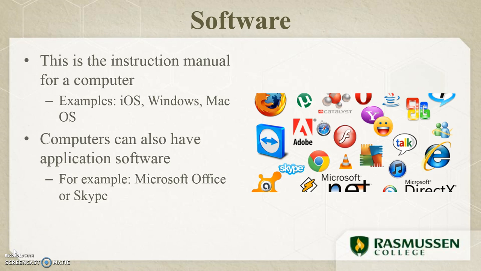Computers can also have what we call application software. And this application software is pretty much called general purpose. And the biggest one that people can think of is Microsoft Office or Skype. And Microsoft Office has many different pieces to it, such as Word, Excel, Access, PowerPoint, and Publisher. All of those are software elements for computers.